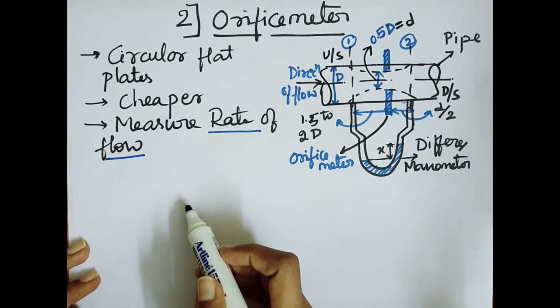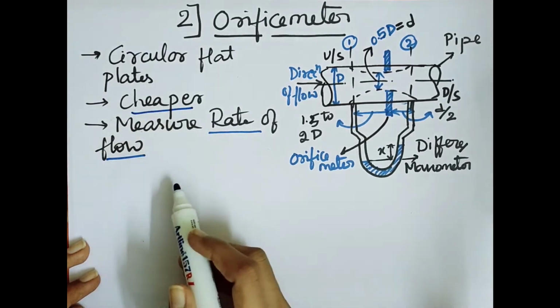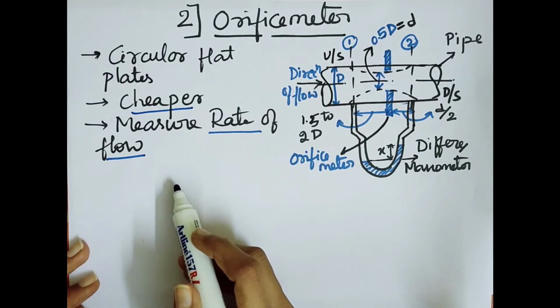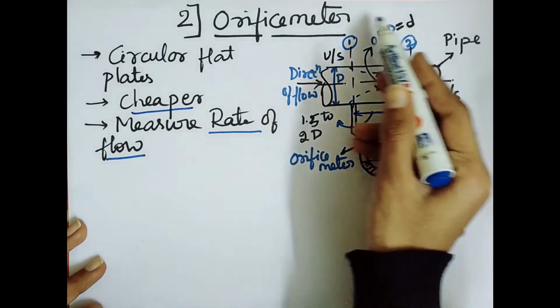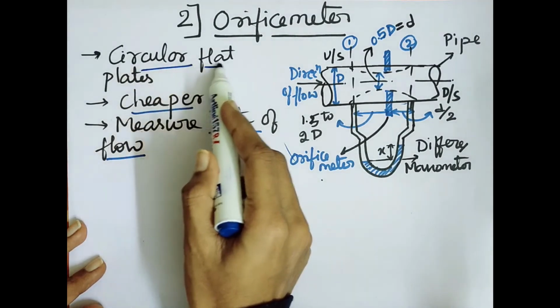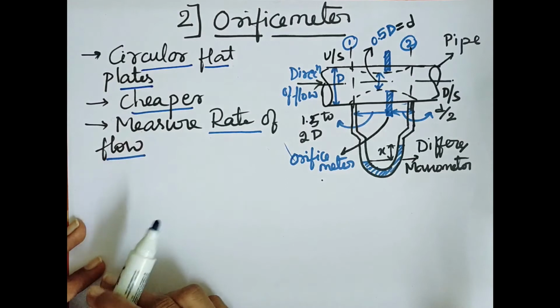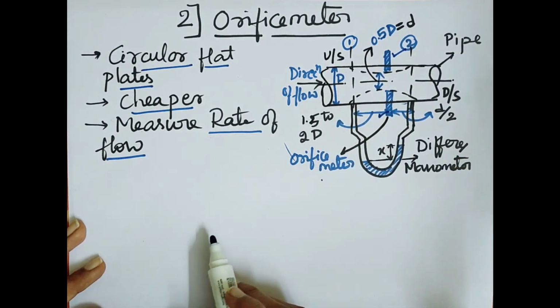Compared to the Venturi meter, the orifice meter is much cheaper. And what is this orifice meter? Here in the figure you can see it consists of a circular flat plate, so these two are the circular flat plates.